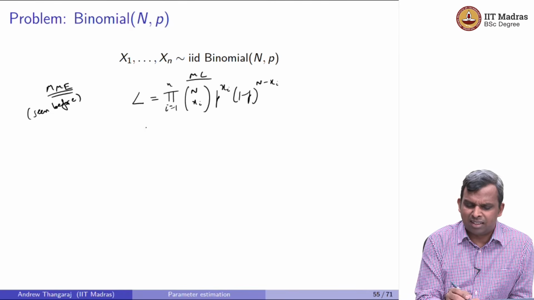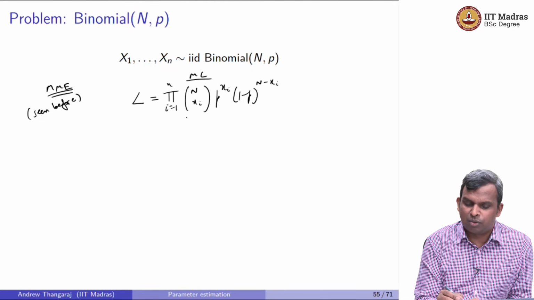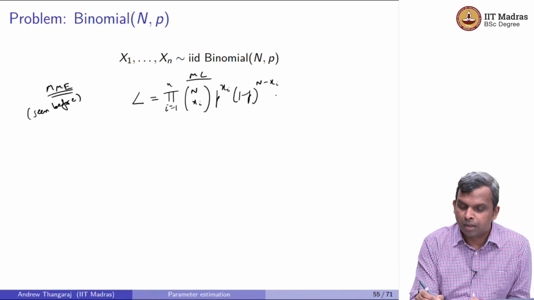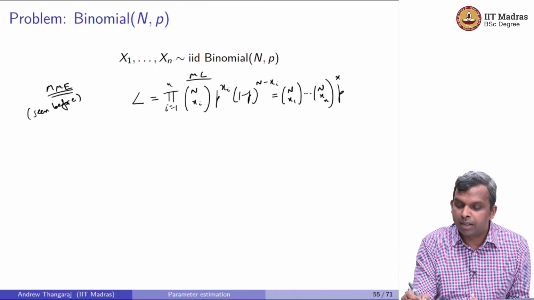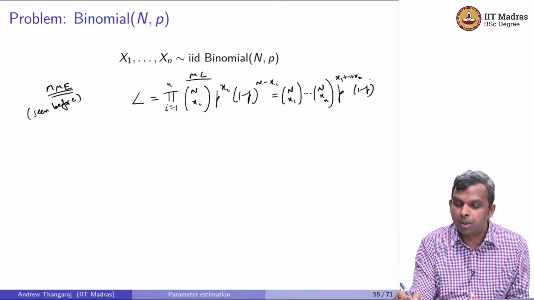It's not that easy. If you take this, you can start simplifying if you like. You're going to get one term like n choose x1 through n choose xn, and then you will get p power x1 plus through xn, and then 1 minus p power n times n minus this summation.